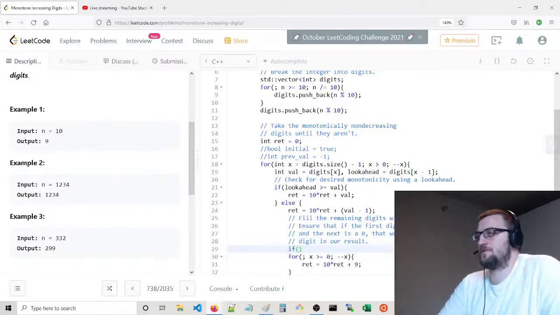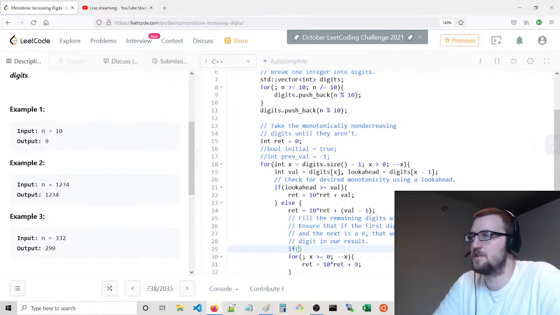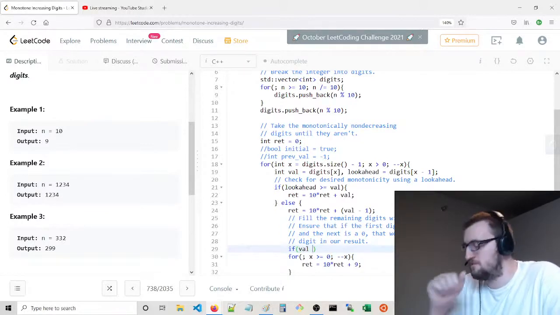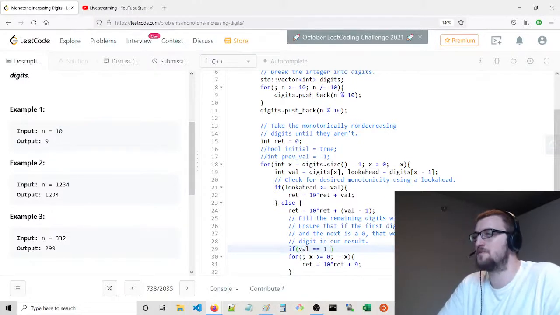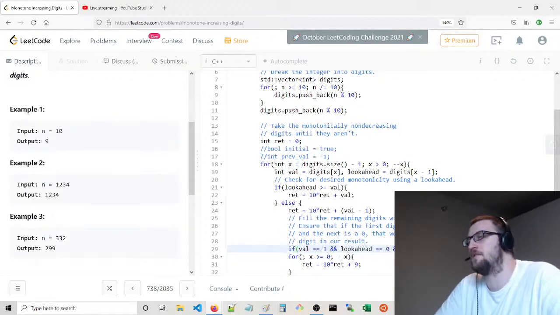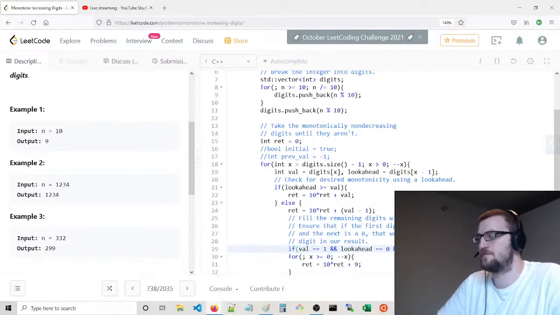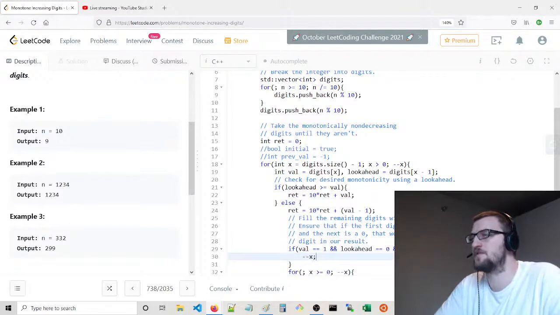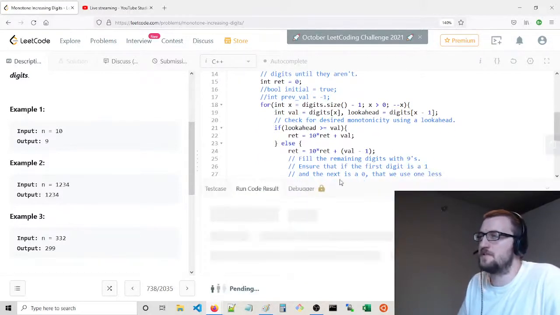So, that's very subtle, but yeah, that's one thing. If the value is 1 and look ahead is 0 and x is equal to digit.size minus 1, and we decrement x. Very subtle.